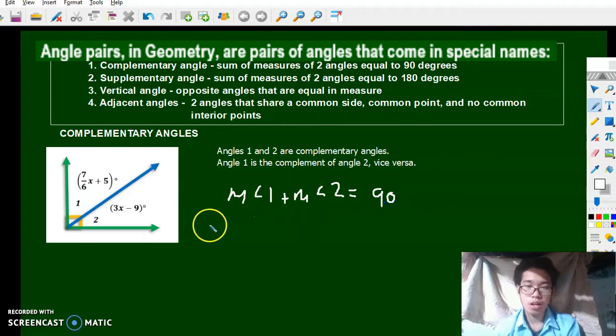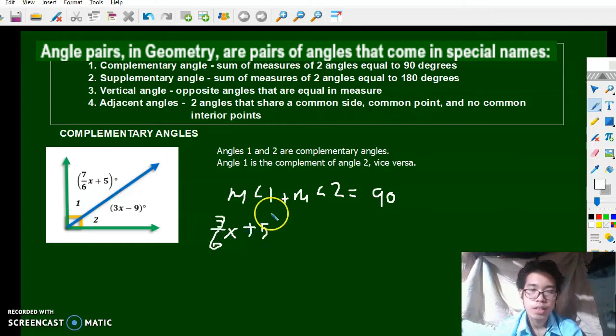So for the substitution part, we simply substitute the measurement of angle 1, which is 7 over 6x plus 5 degrees. Always try to put parentheses so that you won't get confused when adding or subtracting or performing any arithmetic operation.